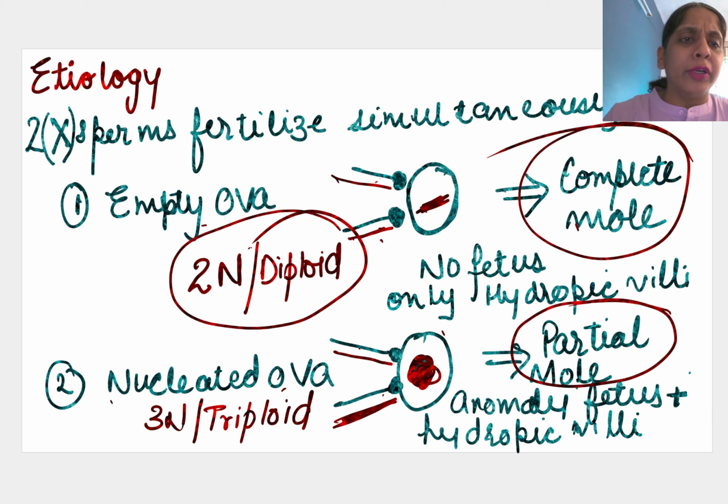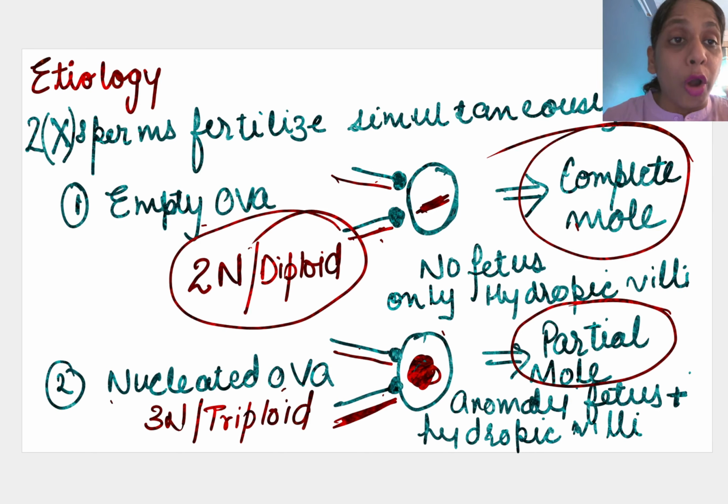Again and again I will tell you until you get my answers in Telegram correct. Complete mole: no fetus, mother nucleus empty, so only the two sperms' genotype, which means it is diploid.